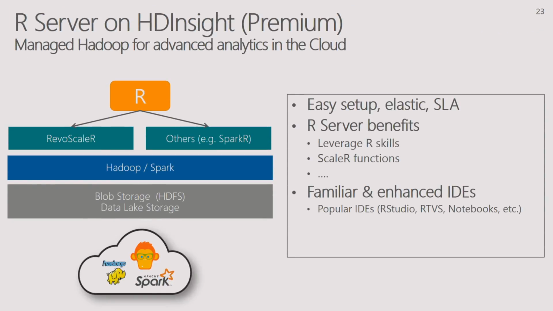So in a very simplified manner, the HDInsight cluster consists of a few different layers. First is your data layer, and you can choose between blob storage or data lake storage. However, it will be attached to your cluster as an HDFS file system. Then comes the resource management layer in terms of Spark, Hadoop, and Yarn.